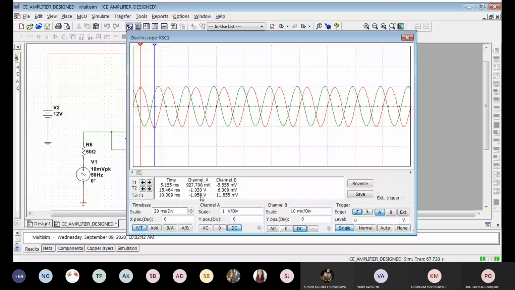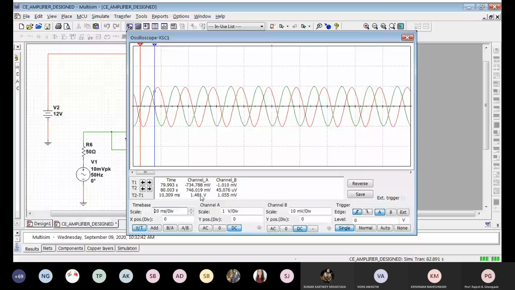You just have to verify how much you are getting at F1, the lower cutoff frequency. If I measure in terms of voltages only, the voltage output at any of the cutoff frequencies will be the mid frequency voltage gain divided by square root of 2.